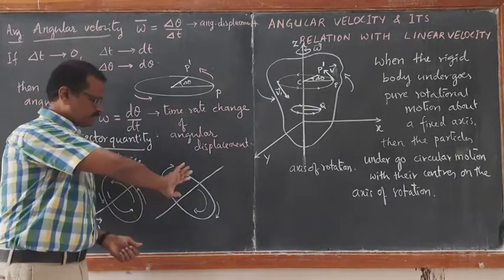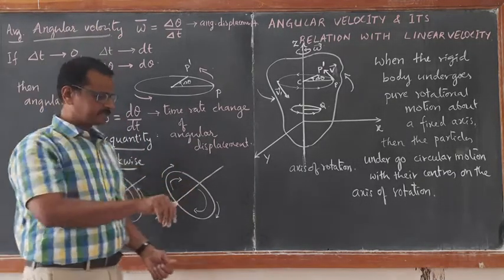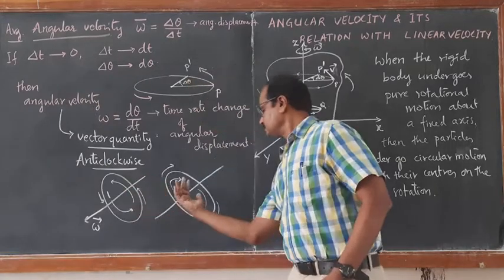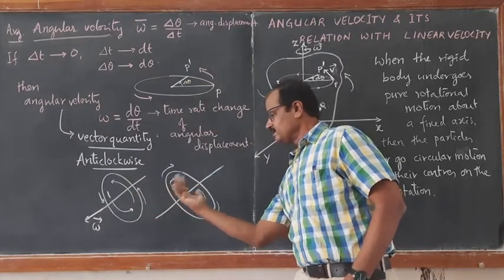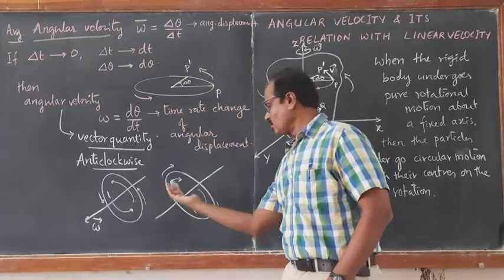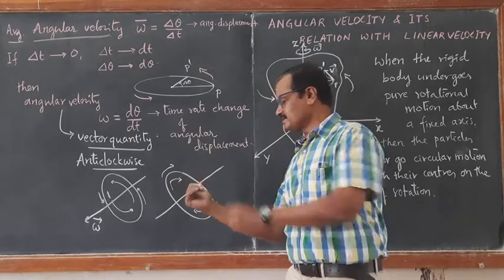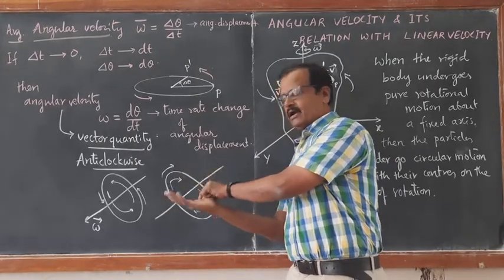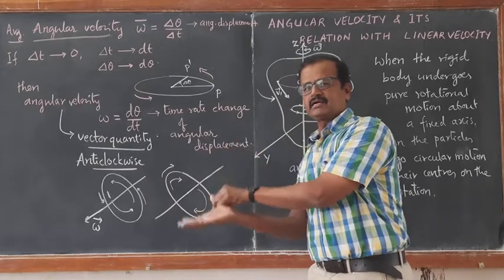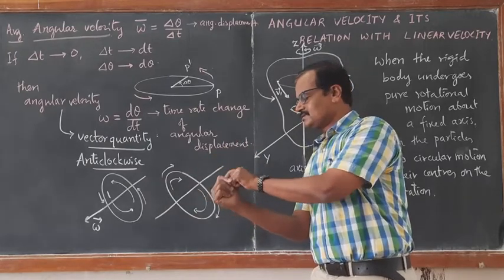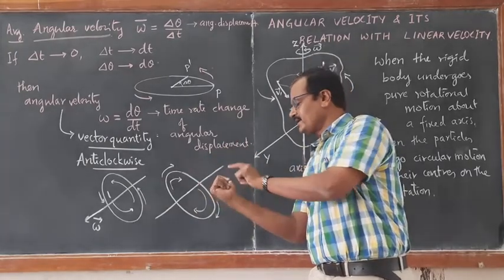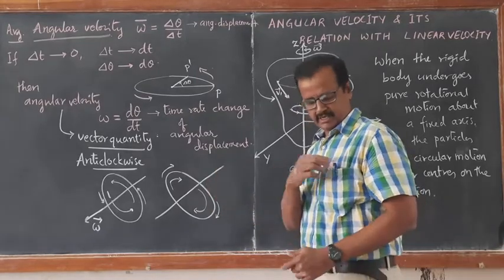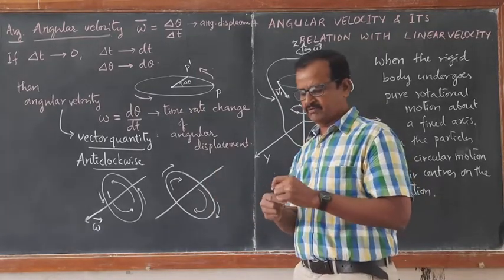See here, now it is rotating like this. You have to use the right hand. Curl the fingers in the clockwise sense. When the fingers are curling in the clockwise sense, then see the thumb. The thumb is pointing inwards. If you take a pen, that will be easy to understand.